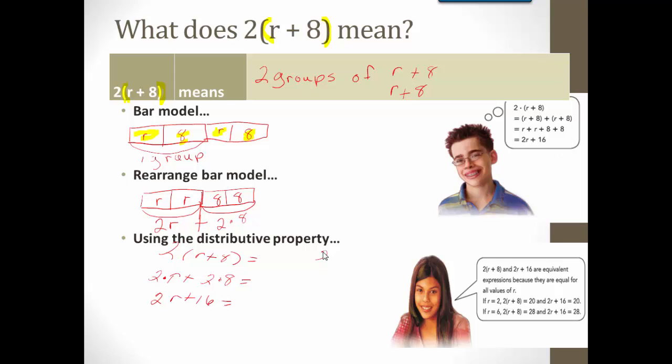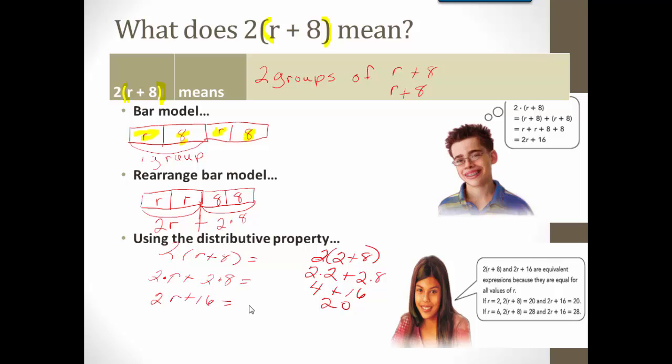If we substituted 2 for the r, it would now become, using the distributive property, 2 multiplied by 2 is 4, 2 multiplied by 8 is 16, and that would be 20.